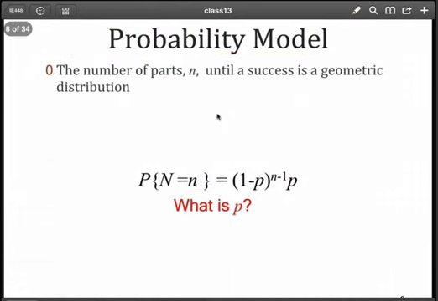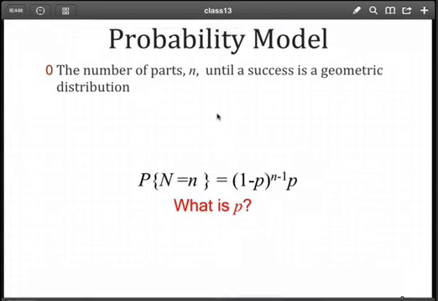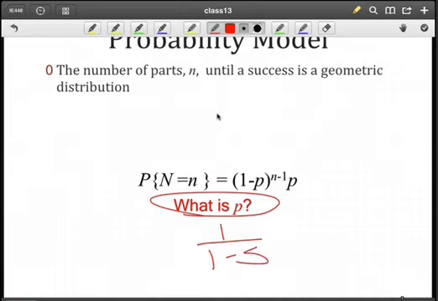So when we think about that probability model, we're thinking about how many parts we produce until we have a success, based upon this geometric distribution. We have a value for the mean of 1 over 1 minus S, as we saw before. So we think about the expected value of N. What will you expect in your system?